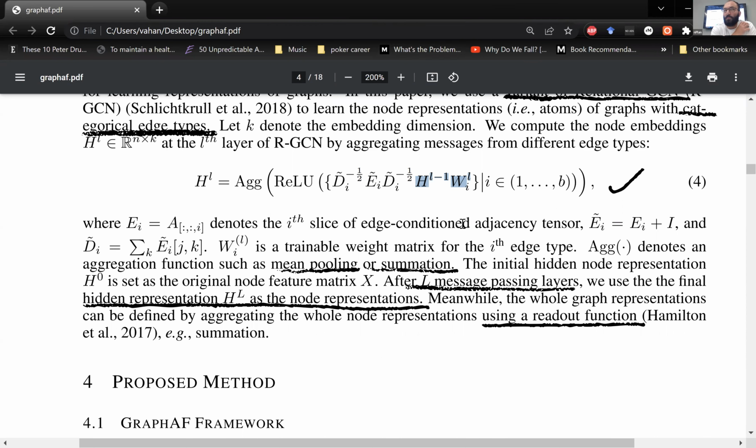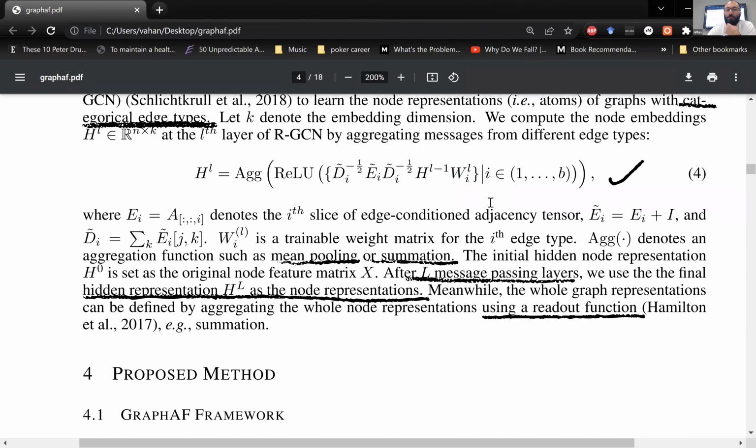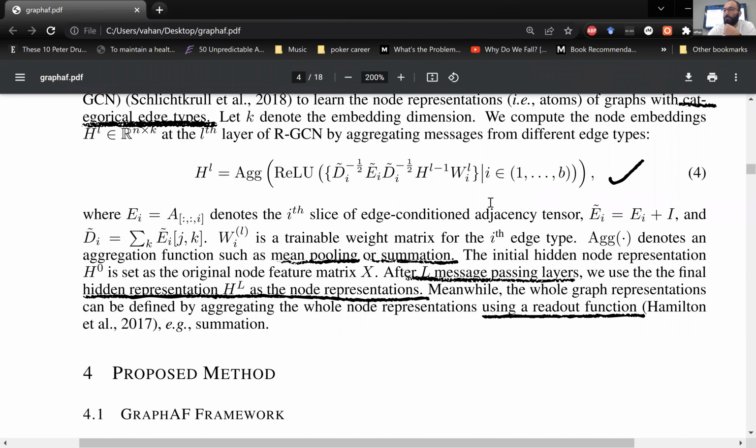K is the feature embedding space. Usually, yeah, it's arbitrary. So N by K is the output dimensionality. I don't know why they call it Z, but we'll figure it out.